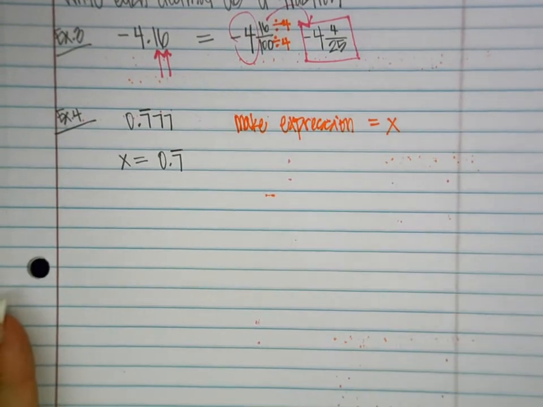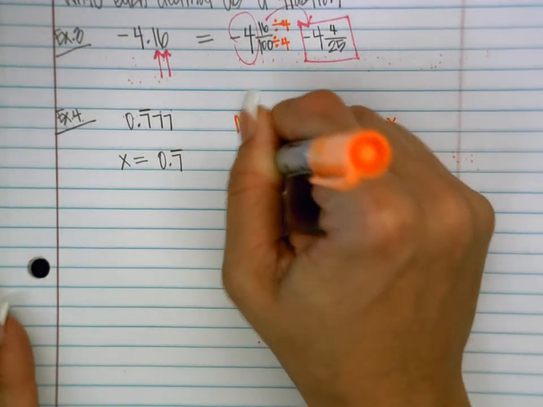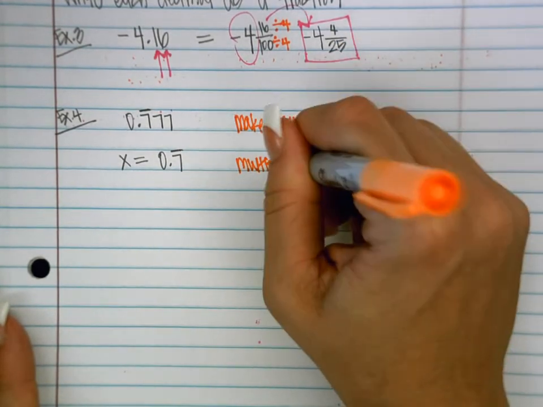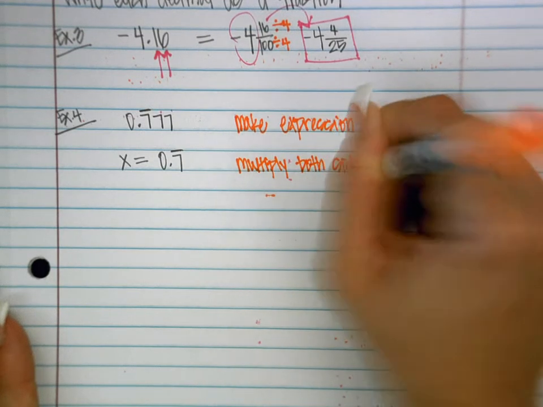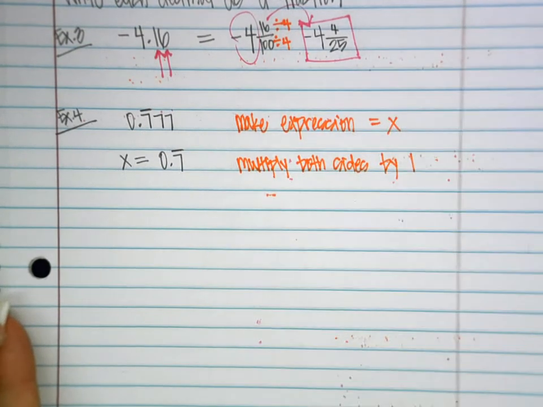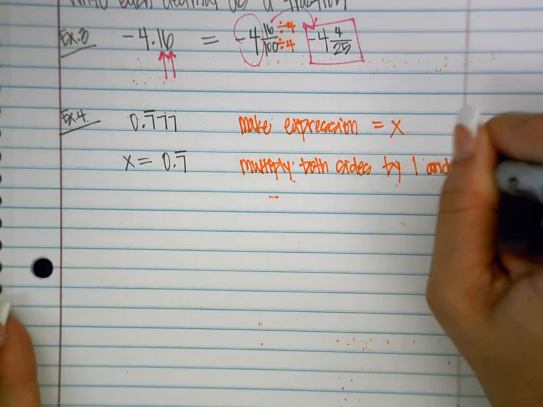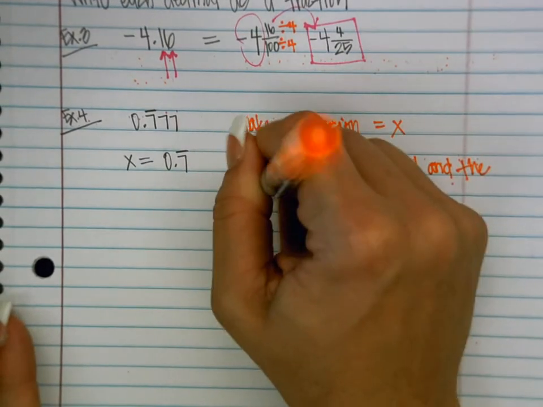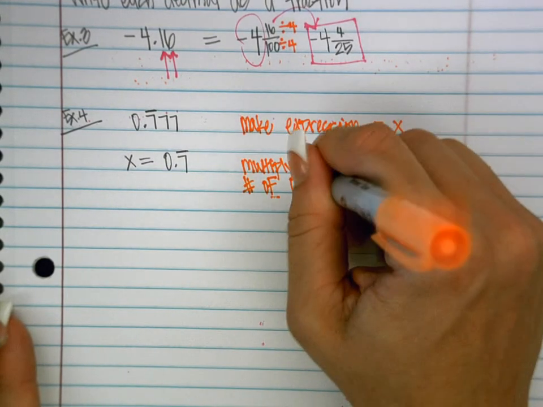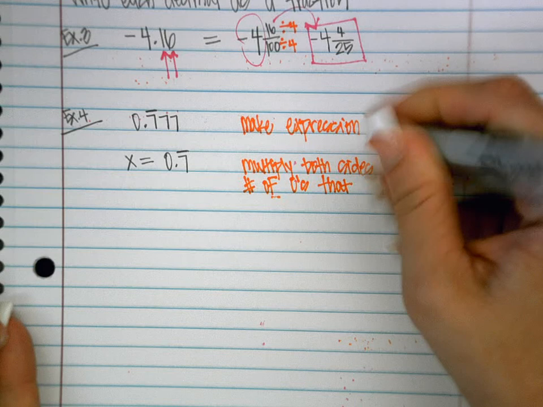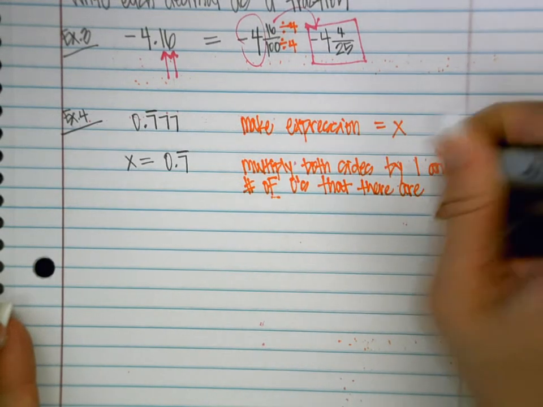Then the next step is you are going to multiply both sides by 1 and the number of zeros that there are repeating decimals.